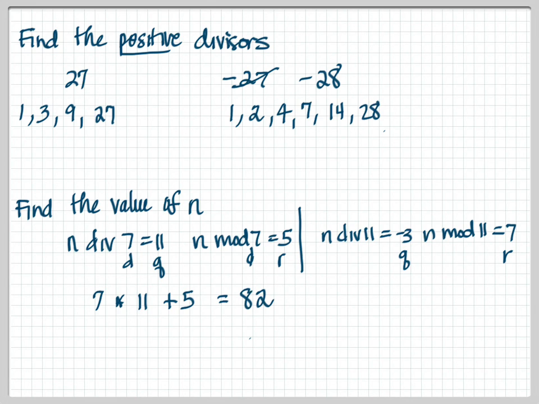Over here on the right, I'm going to take 11 times -3 plus 7, and this time I'm going to get -26. And if you plug this -26 in for n, you'll see that it gives you -3 with the remainder of +7.